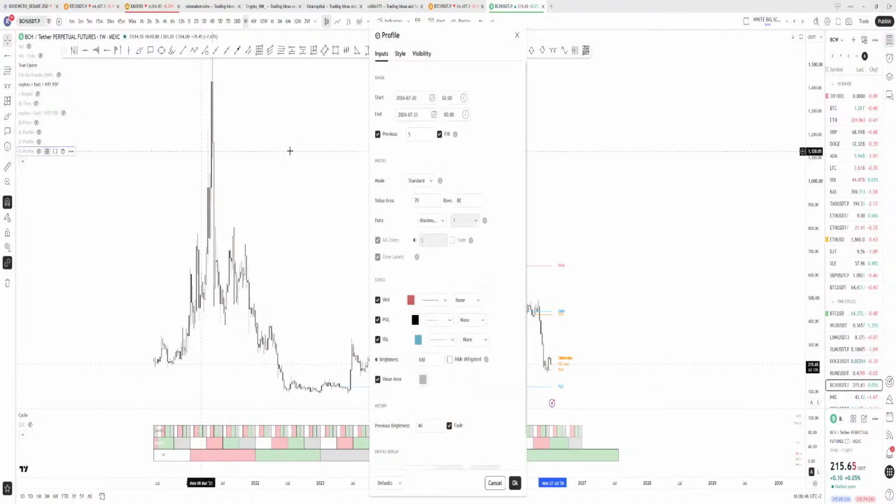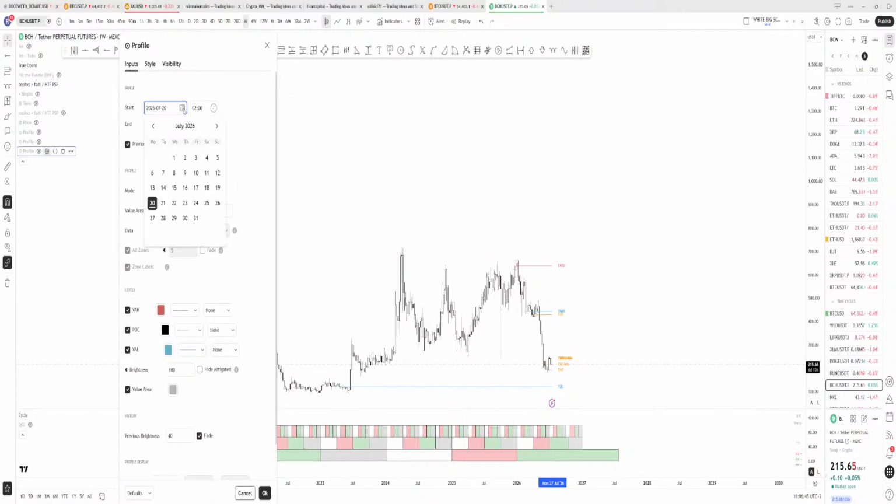You duplicate this and then you're going to start. Started from 8th January. 8th January 2024.